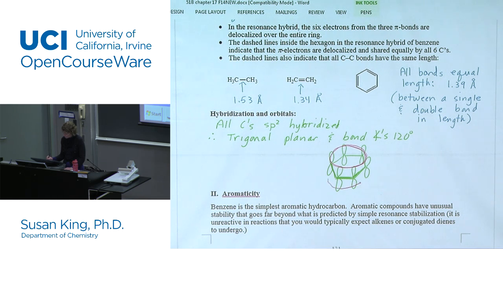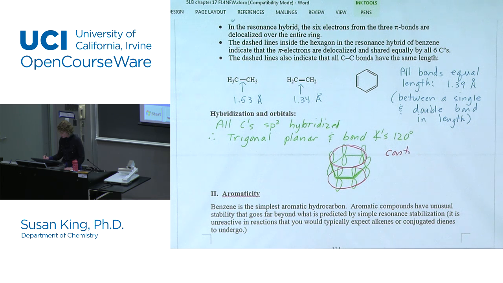So when we were doing the NMR chapter, we talked about the fact that we have like a donut of overlapping electron density on the top and on the bottom, and we saw the consequences for that in the NMR. We saw that hydrogens that are bonded to that benzene ring are actually moved pretty far downfield because of that.